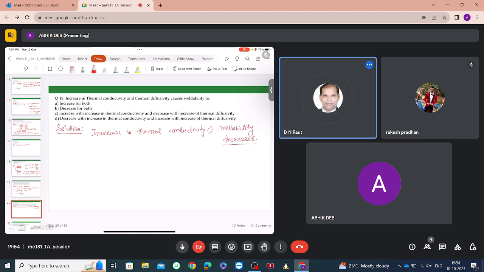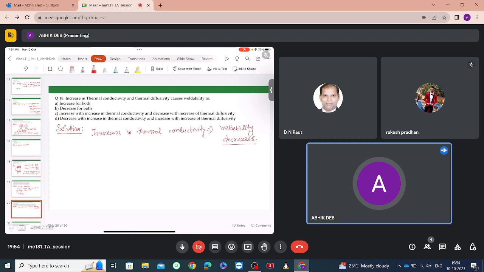It is difficult, because as the thermal conductivity increases, more heat will be conducted and less heat will be concentrated at the region we are supplying. So the weldability will decrease in this case. Similarly for thermal diffusivity, alpha is K by rho Cp.